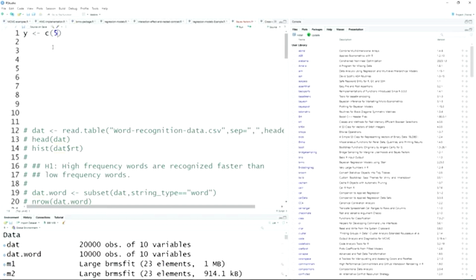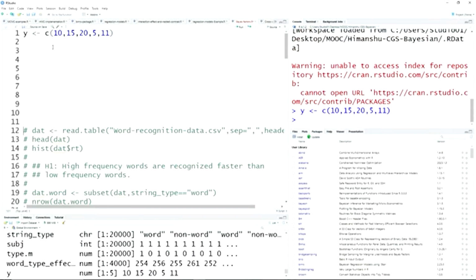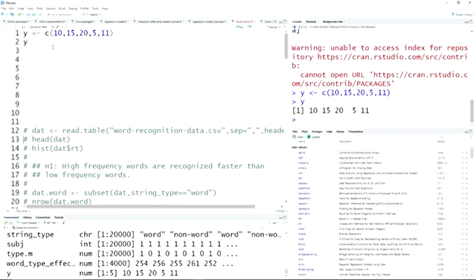So, let us say these numbers are 10, 15, 20, 5, 11. Okay. So, these are road accidents on the last 5 days in the city. Okay. And our goal is to model this.